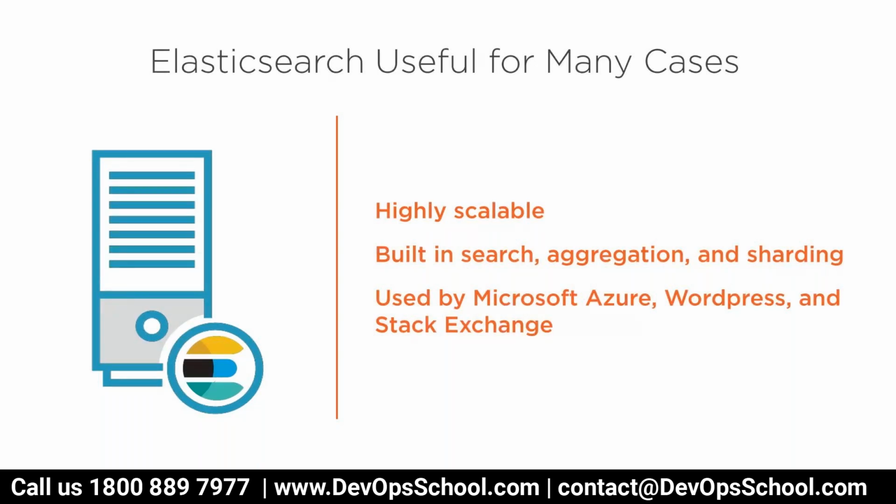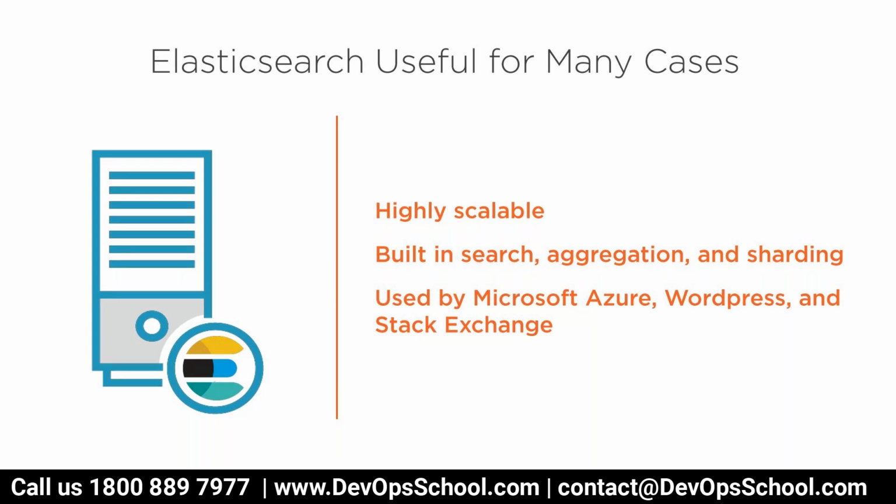If you want to store the time series database in a scalable environment, you should try that. VictoriaMetrics, there is one more tool that has come, an alternative to Prometheus, like that. So Elasticsearch is highly scalable. That means you can create a cluster, sharding, replications, many features are there. So built-in searches, aggregations, DSL we have, and it is used by every major company actually.